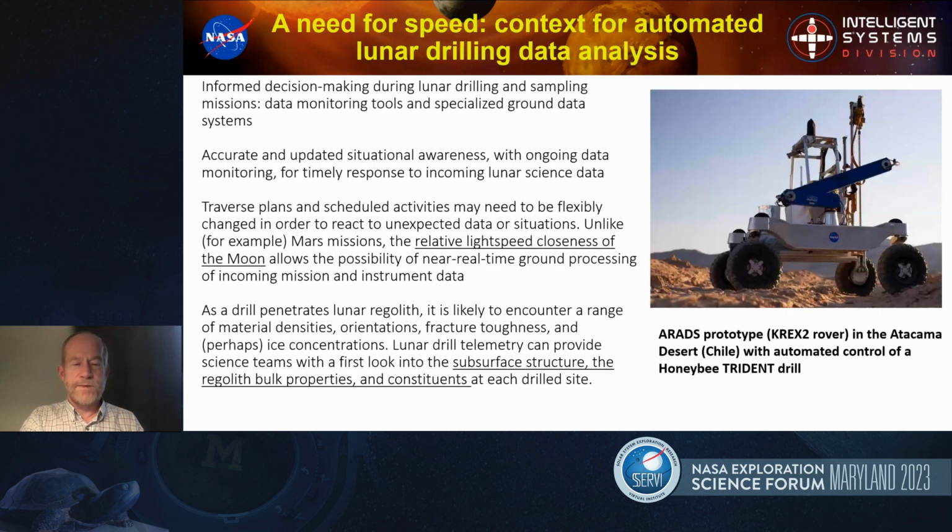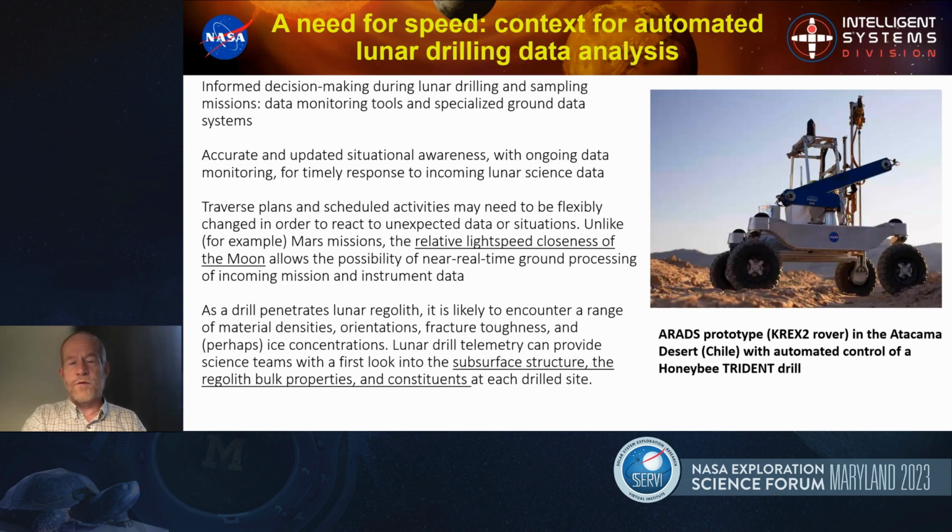Next. So, yes, it's all very interesting in terms of characterizing data coming back from a lunar drill and saying, how does this compare to what we saw at analog sites or in chamber tests?